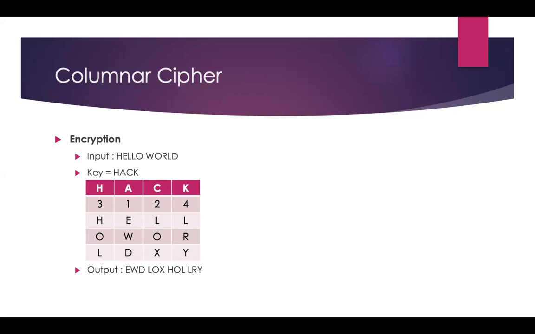Firstly, we take number 1, and in that column you will see E, W, D. Then we go to the second one, which is LOX, then the third one, which is HOL, and finally LRY.